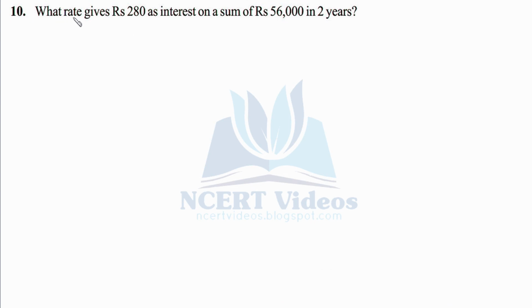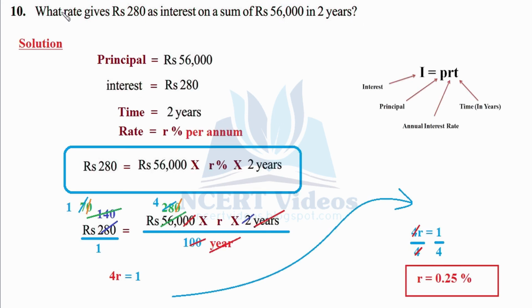Question 10. What rate gives rupees 280 as interest on a sum of rupees 56,000 in 2 years? This question requires you to find the rate when the interest is 280, sum means principal, that is 56,000, and time is 2 years. In this you have to find one value out of the given 3 values, so it is good to use your formula. Principal is 56,000, interest is 280, time is 2 years, let rate be R% per annum.